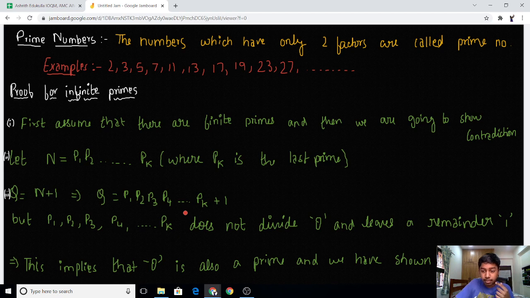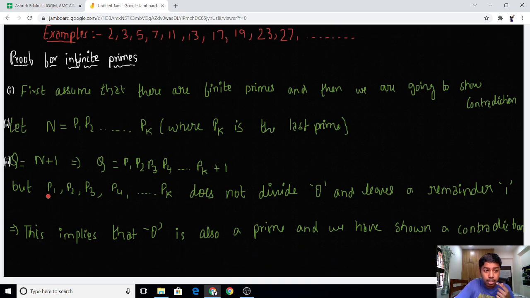But if you observe, when I divide q by p1, q by p2, q by p3 or q by p4, I always get a remainder 1, because p1 will divide this term, but p1 does not divide this 1, so it will leave a remainder 1. Even for p2, p3, p4 up to pk. Even pk will divide this term, but it won't divide this term.